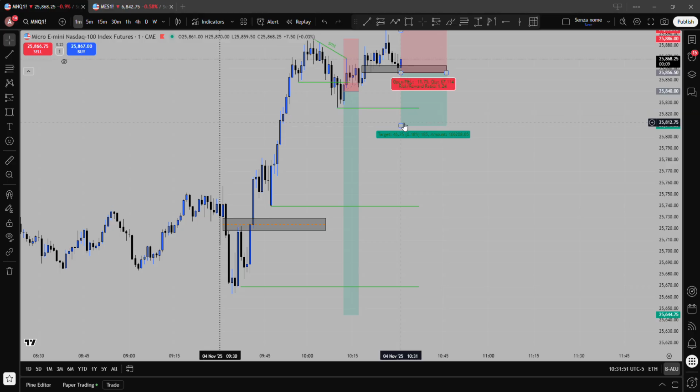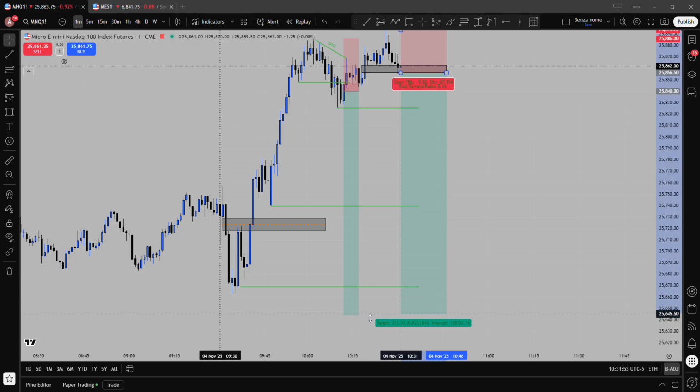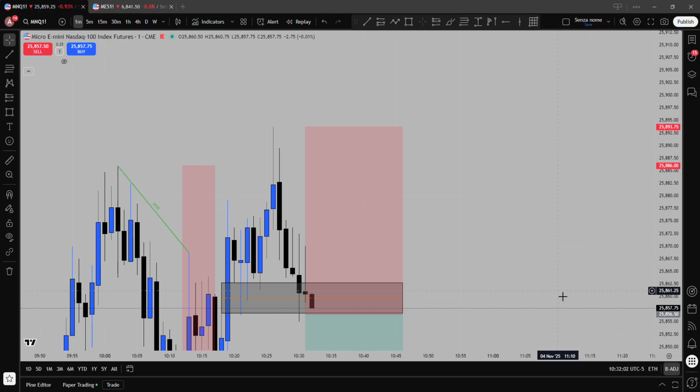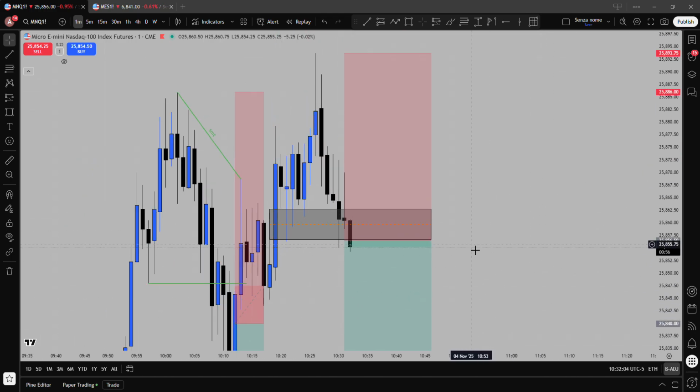I'm still not in the trade, but I'm preparing myself if we do, because I'm pretty sure that we can do it. Hopefully this candle doesn't go too deep, because I'm pretty sure this candle will close below, but I will not like a closure here, for example.